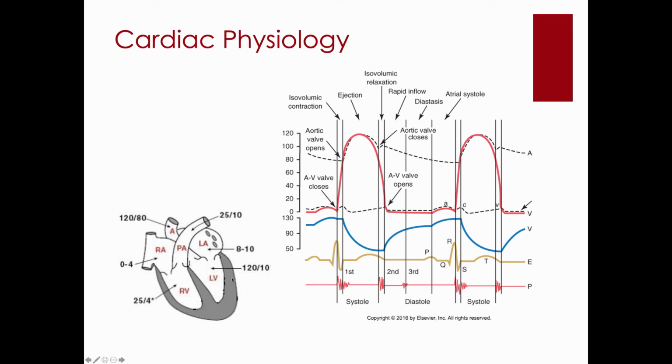Look what the pressure in diastole is. It's 10. Check it out. The pulmonary artery diastolic pressure is about the same as the left atrial pressure, which is about the same as the number one most important pressure indicating the preload on the heart, the left ventricular end diastolic pressure. They're all the same. Okay?